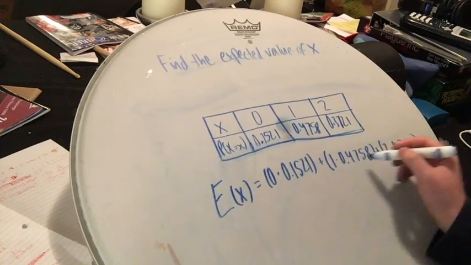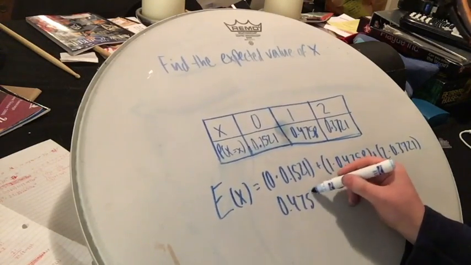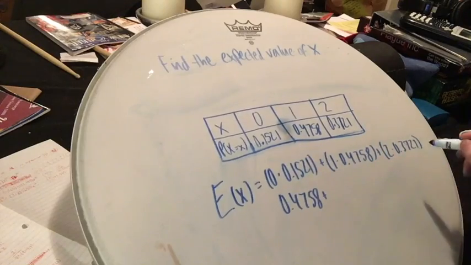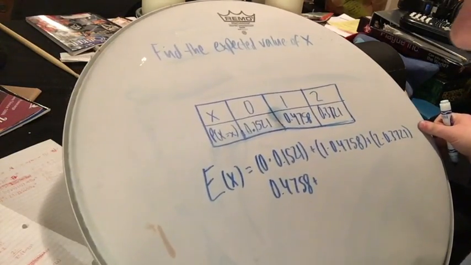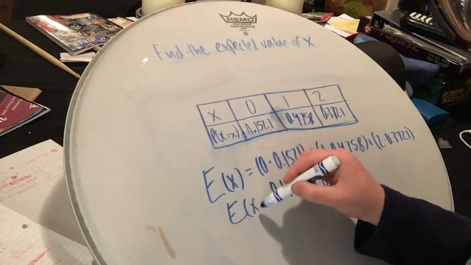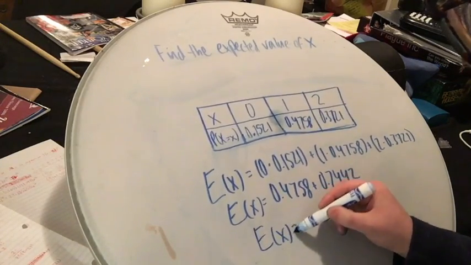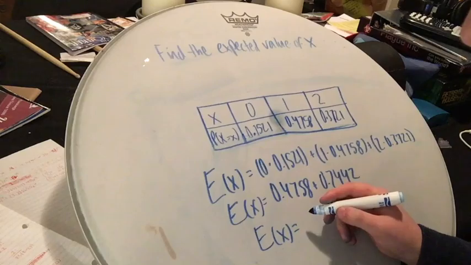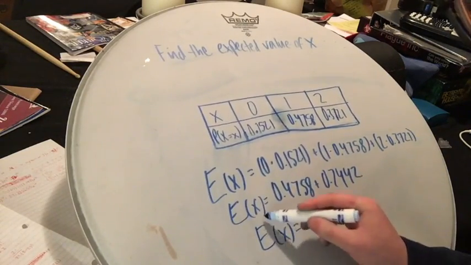And then 1 times this is just that. So just 0.4758 plus 2 times 0.3721, which if you put that in your calculator, you get 0.7442. Add those together, and you get the expected value of this probability distribution of big X is 1.22.